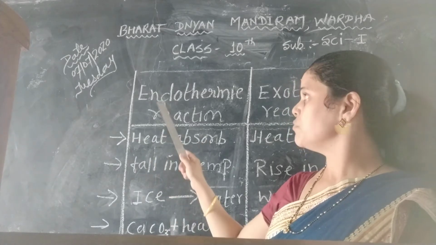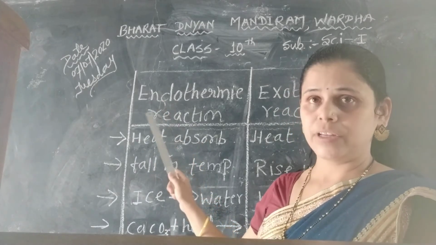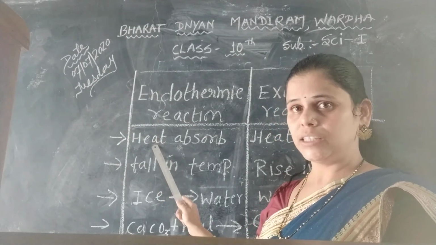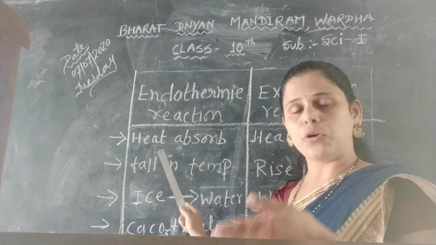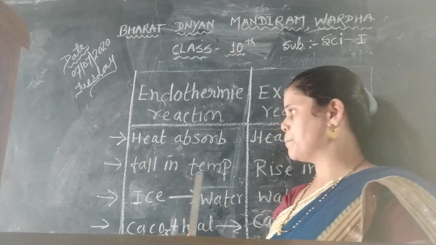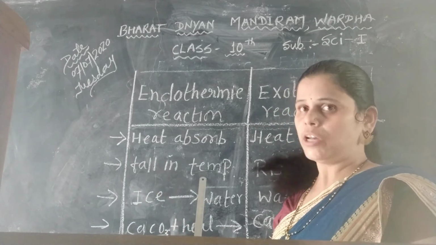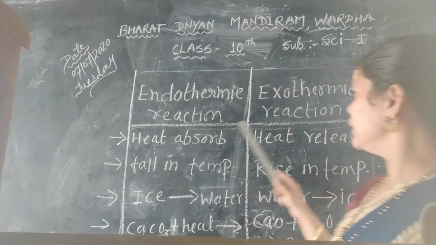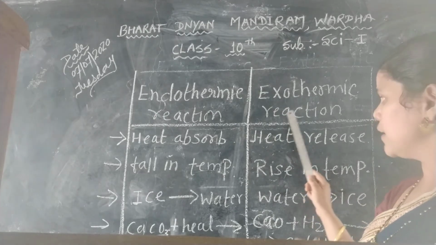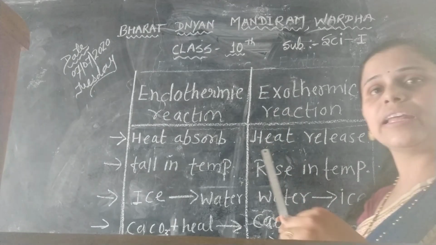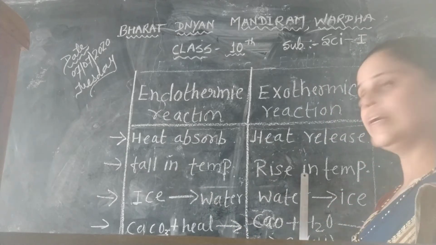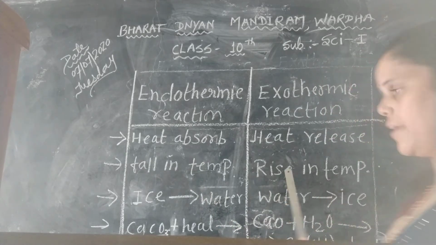That means the reaction in which heat from the outside is absorbed, and in this case, a fall in temperature occurs. In the case of the exothermic reaction, the reaction is one in which heat is released, and so a rise in temperature occurs.